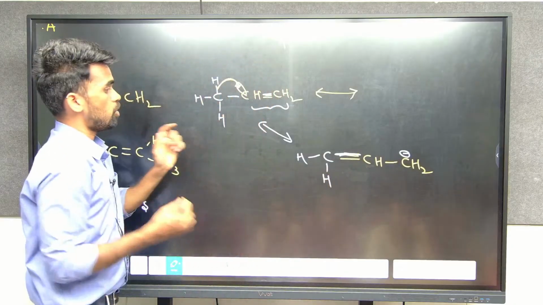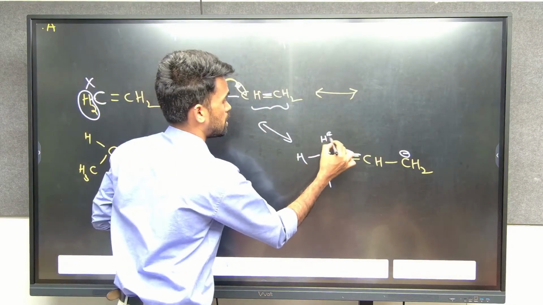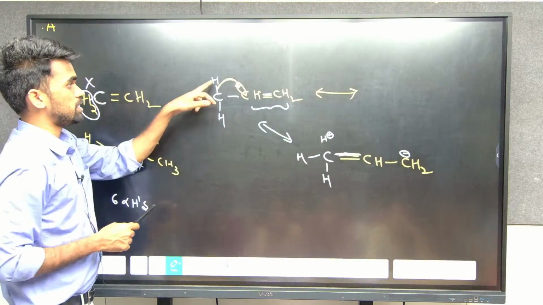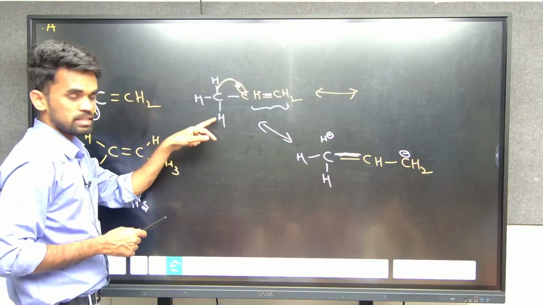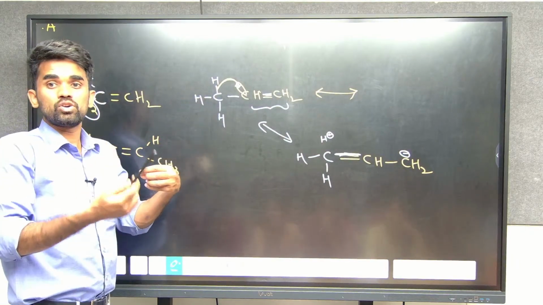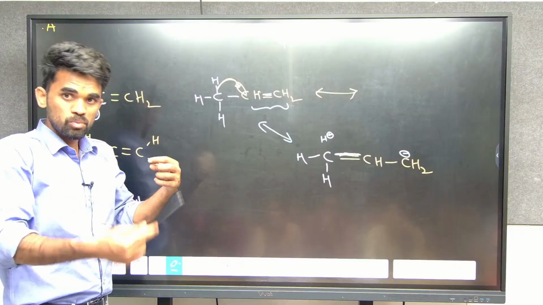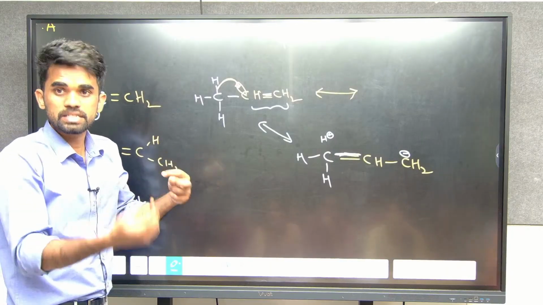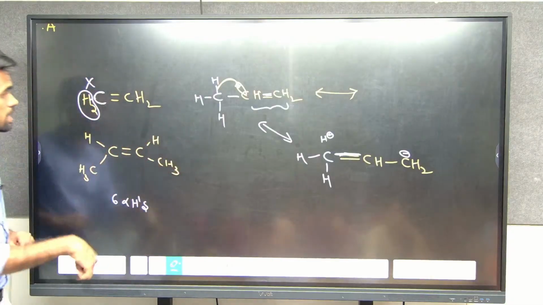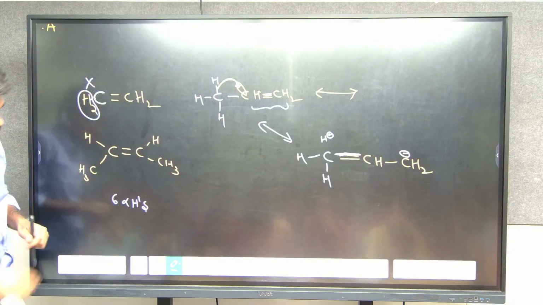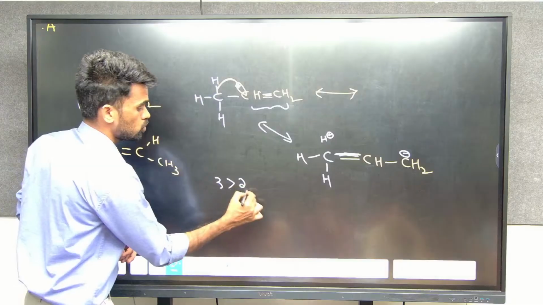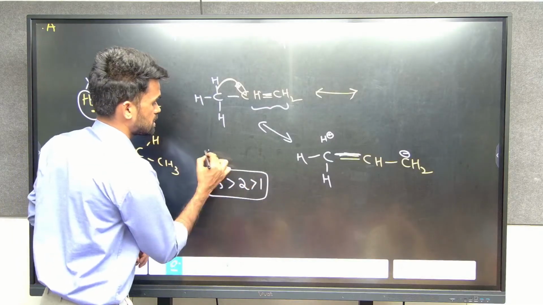Like this, how many times is the conjugation possible? With this alpha hydrogen, like this. So the more the number of alpha hydrogens, the more is the hyperconjugation. More hyperconjugation, more is the stability. Okay? Like that, which alkene is more stabilized? Third one. So 3, 2, 1. This is the stability of what?